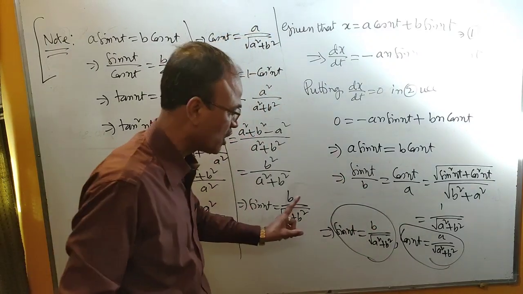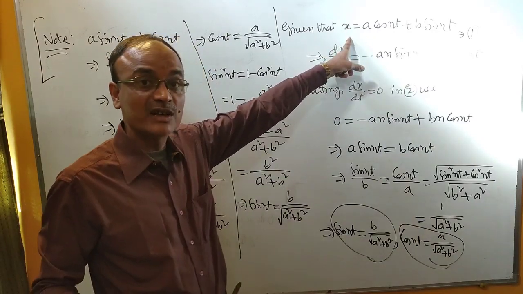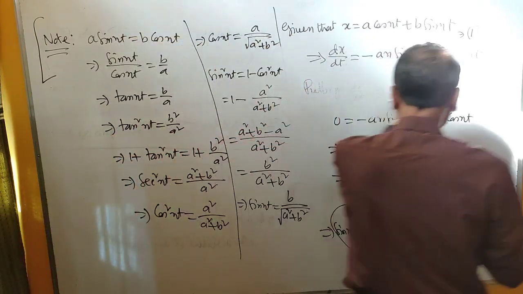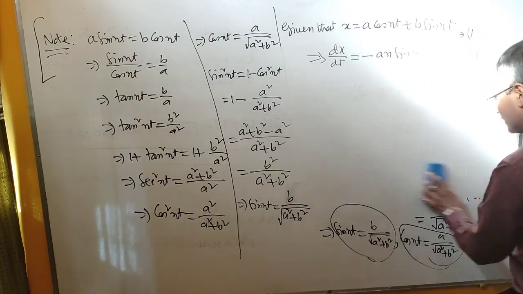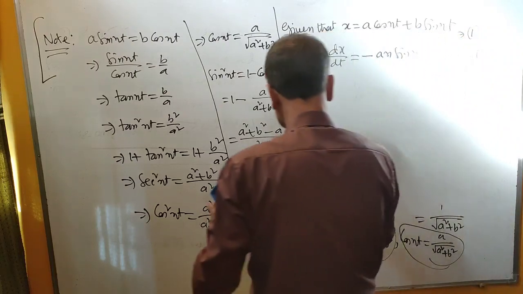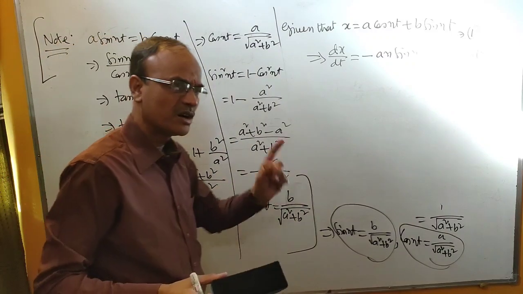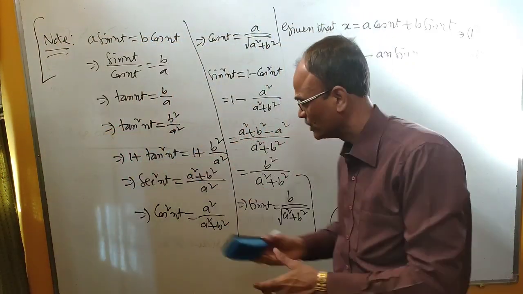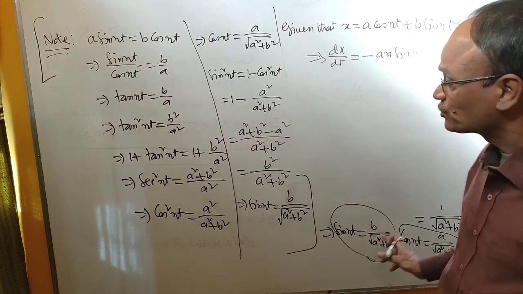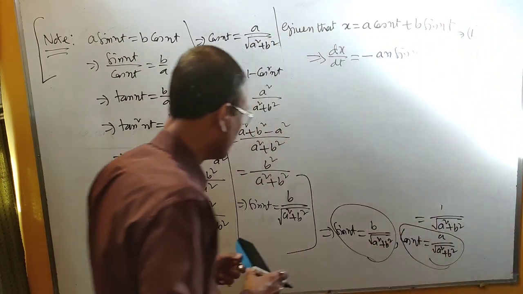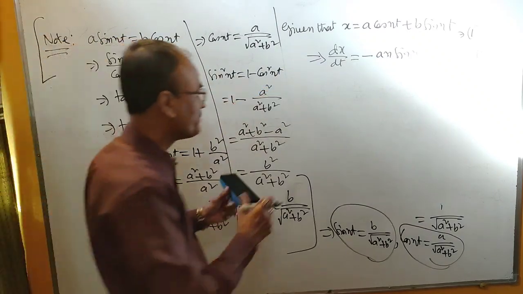Putting these values of sin n t and cos n t in 1, we get the required amplitude of motion. Now we have written a note: you may find the values of sin n t and cos n t in this way also, or in the previous way also.